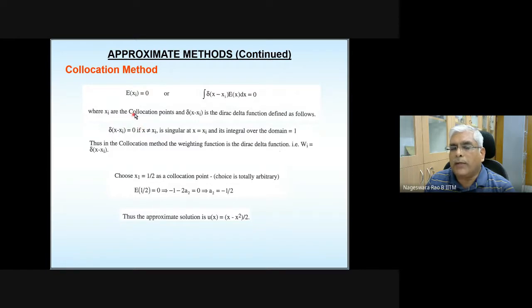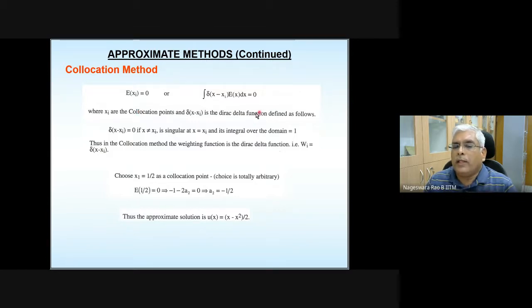Please take a note of it. The error function evaluated at xi is equal to 0, and xi is what is called the collocation point. How do you select the collocation point? It is your choice. You can select any point in the domain, including the boundaries, 0 and 1, in the particular problem that we are looking at.